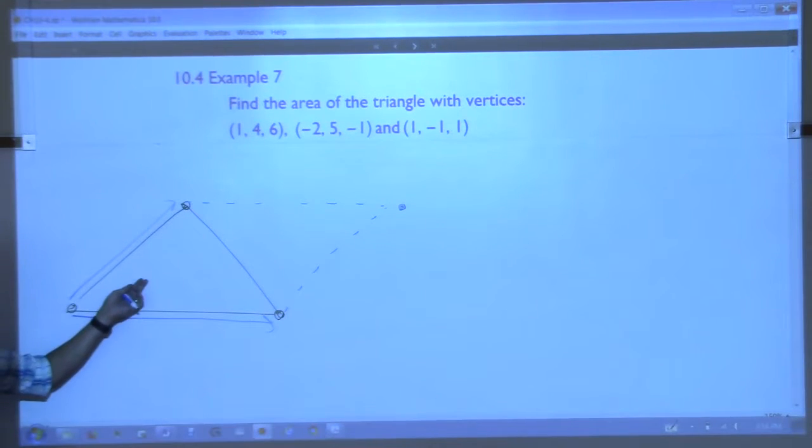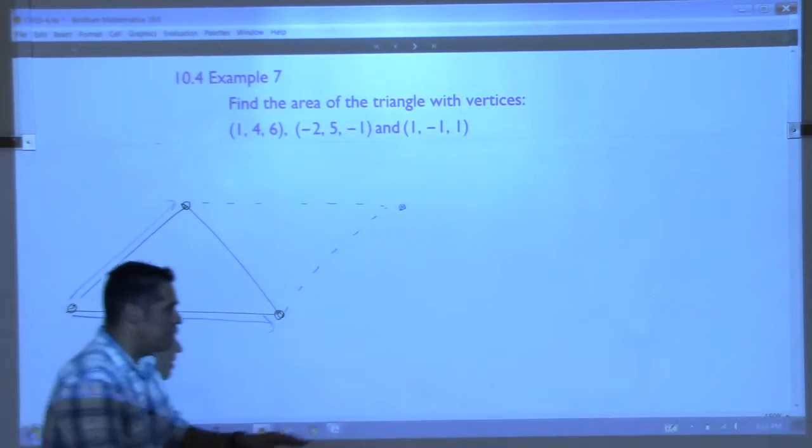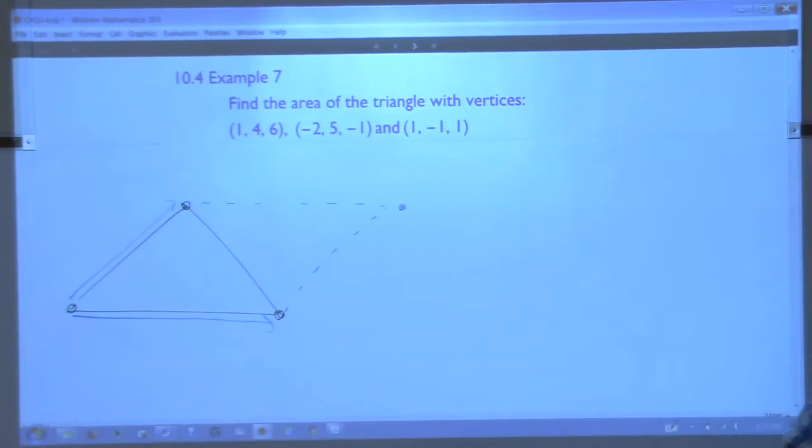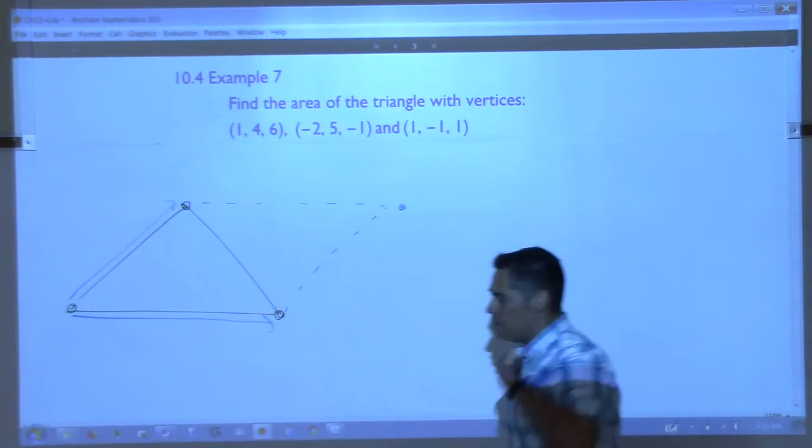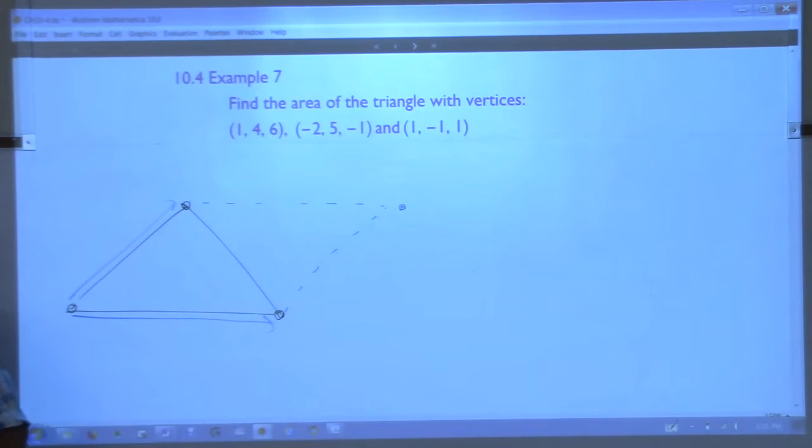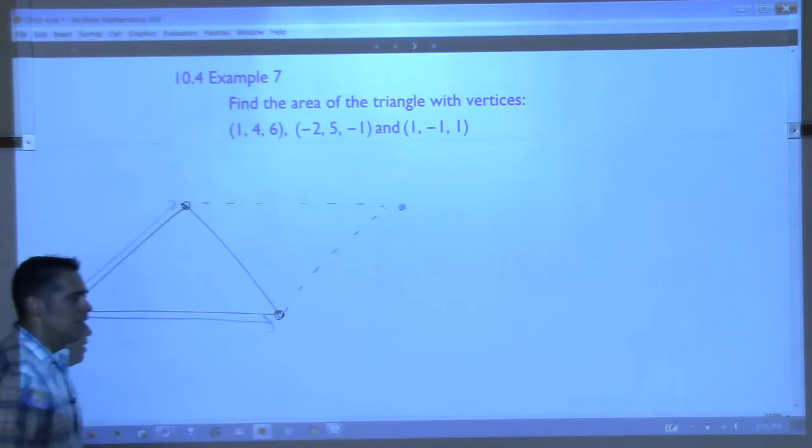So the area of the triangle is just half of that. As long as I know the x, y, and z coordinates of each point, doesn't matter how this triangle is oriented in space, I can create the vectors, cross, take the magnitude, take half, I'm done. All those computations are arithmetic.